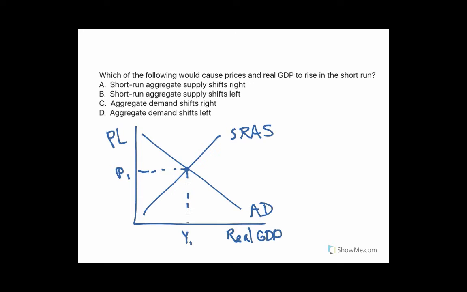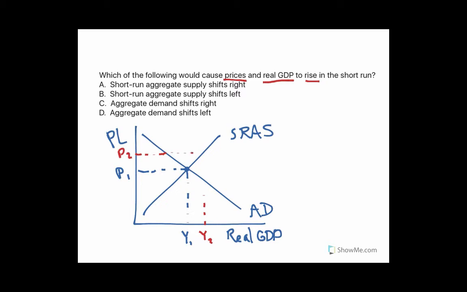Now it tells us what needs to happen for prices and real GDP to rise in the short run. So somehow we need to get from this point where we're starting to both a higher output, so we'll call that Y2, and a higher price level, P2.